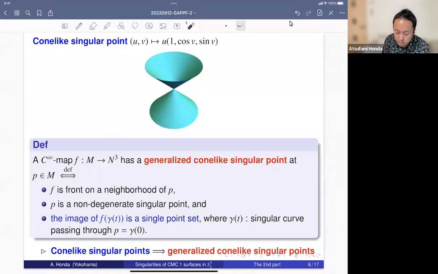According to these conditions, we can define a generalized cone-like singular point. A smooth map F has a generalized cone-like singular point at P if F is a front and P is non-degenerate and the image of the singular curve gamma is a single point. So cone-like singular points are generalized cone-like singular points.